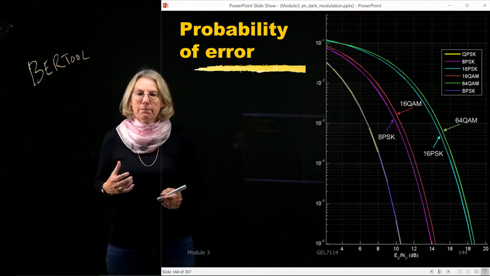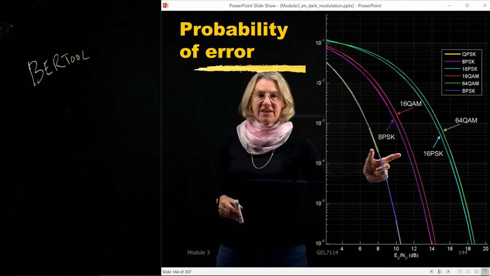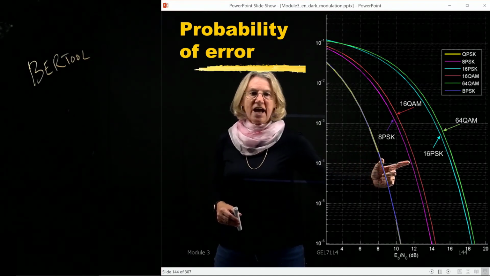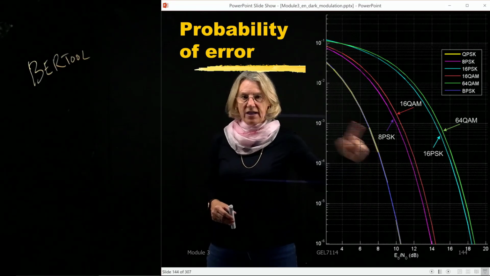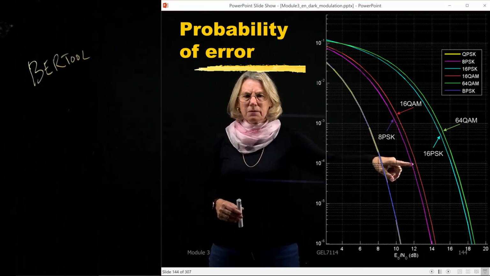So when we put them all together now, with this plot we can see what we're trying to learn about this loss compared to QPSK, because I can see graphically what that means. So here's QPSK. I can see how much I have to move over, how much the loss is for 8 PSK, and I notice that for 16 QAM, it's just a little bit more.